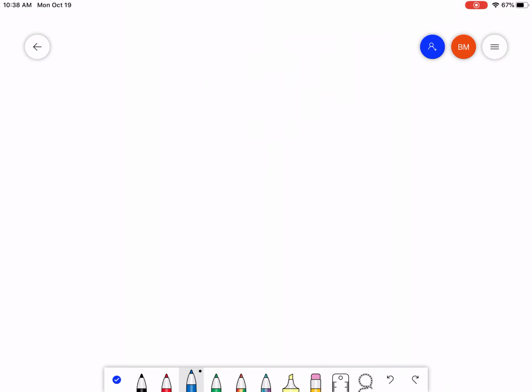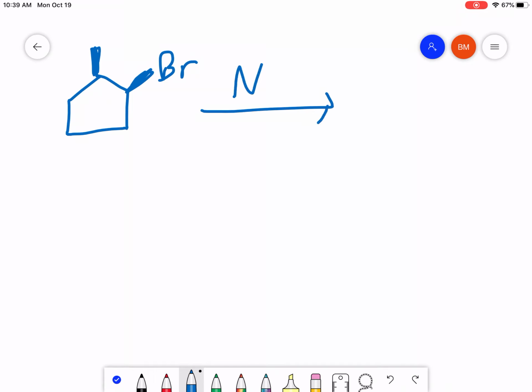All right, so let's say we have this. We're going to go exotic. We're going to use N3 minus. That's called the azide ion.